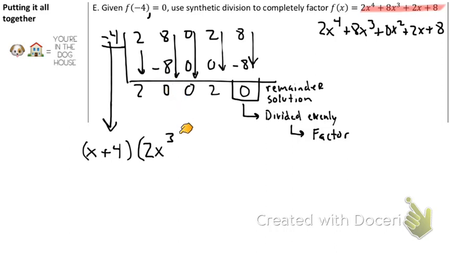Then we write positive 0x^2, going down the line in power, then 0x^1, and then the constant, so plus 2.